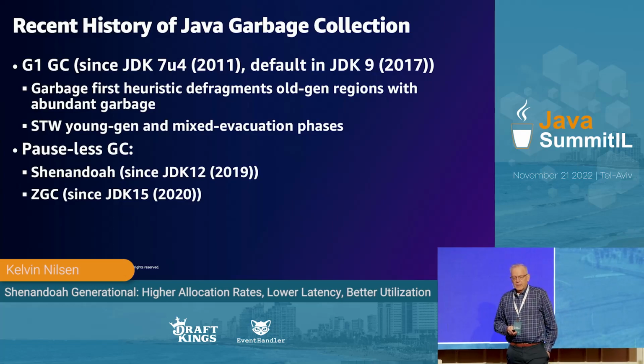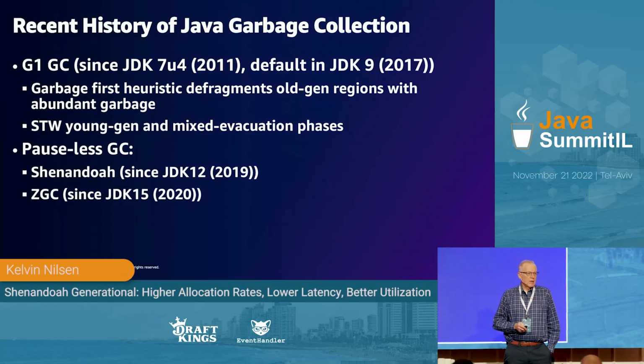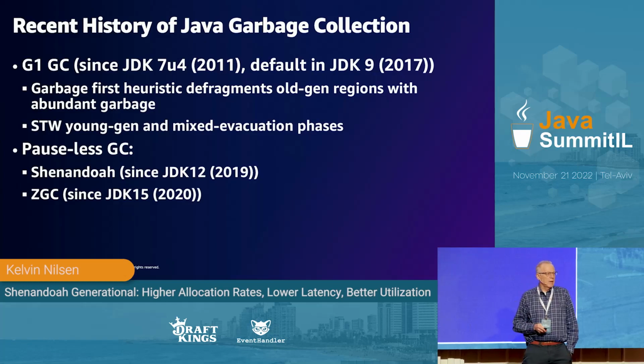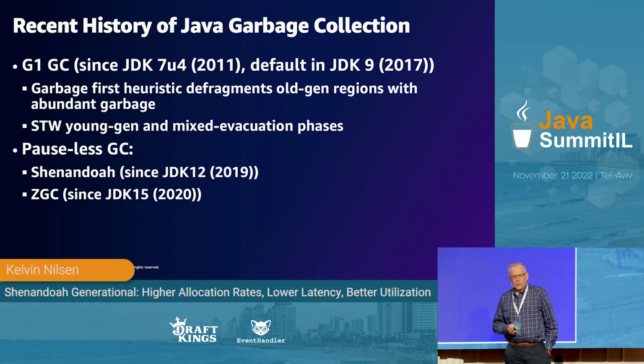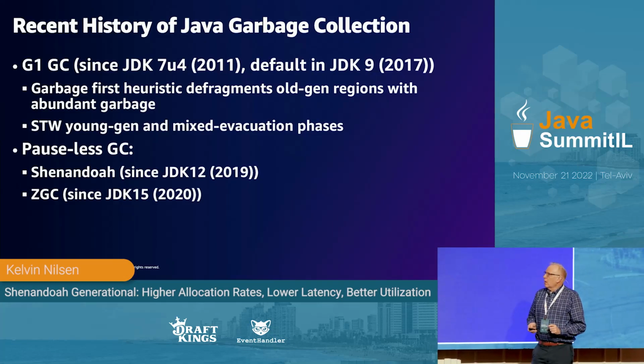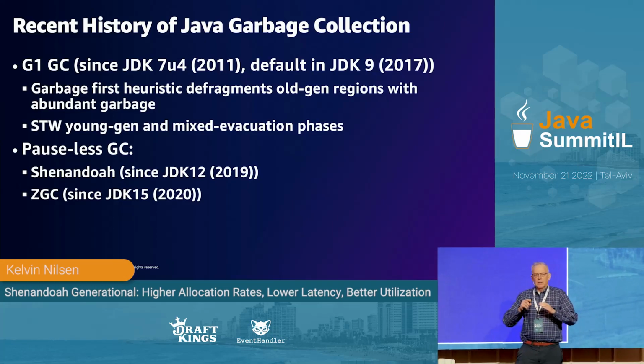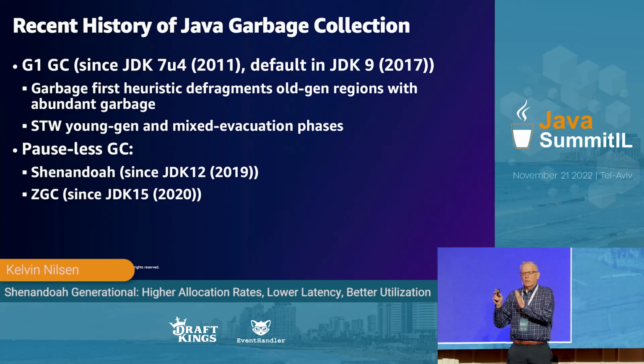So more recently, the G1 garbage collector has replaced CMS in relevance. And this introduces something called the garbage first heuristic. And the idea here is, besides generational, which focuses on the most recently allocated objects, the G1 garbage collector focuses in the older memory on regions that are mostly empty.